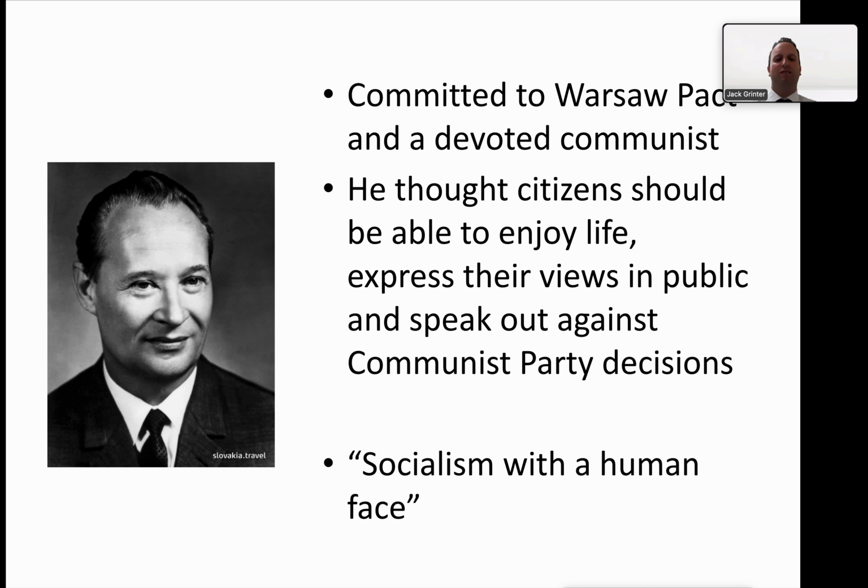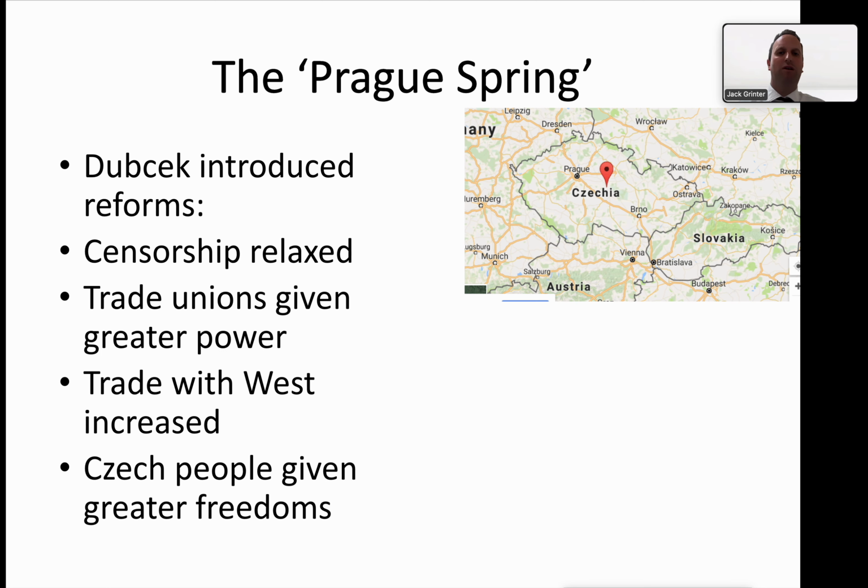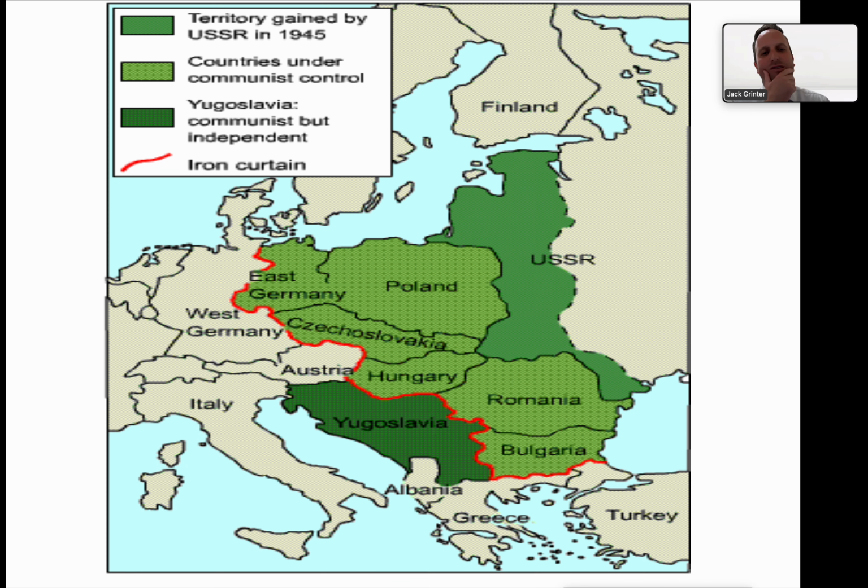Okay, essentially, I think of socialism as a similar word to communism. Okay, and with that, it's essentially saying, look, I still want to have communism, socialism, but I want there to be more freedom, to have a human face, and be a little bit more personable. Okay, so what Dubček does, and it's important to understand this, with the satellite states of the Soviet Union, there were certain rules for how they should be governed.